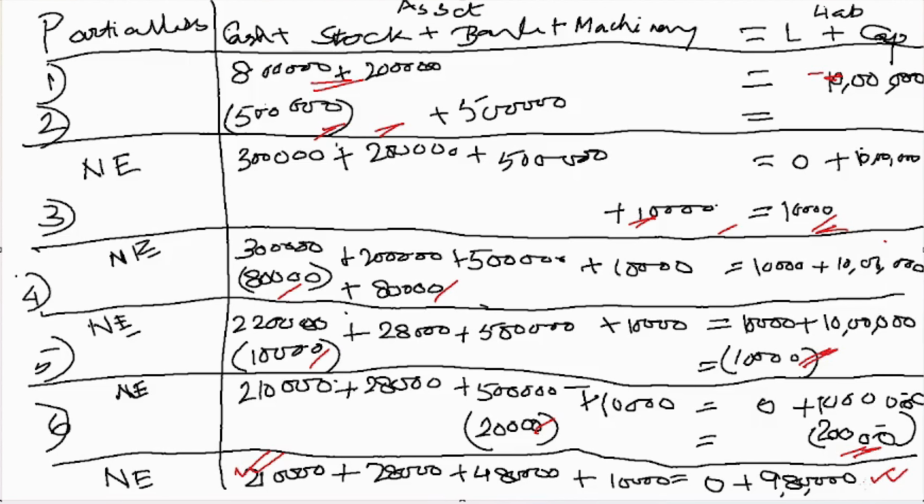So our concept gets cleared over here that if we do any accounting equation, then always it will equate each other, and this is the basic concept of accounting. So whenever we do, always we are going to see whether the sides are matching or not, that is the asset side and the liability side is matching or not.